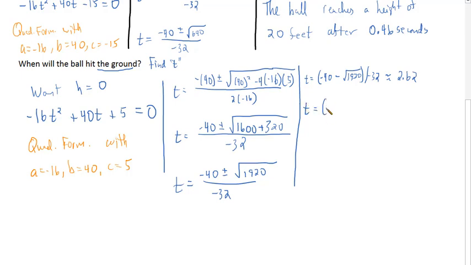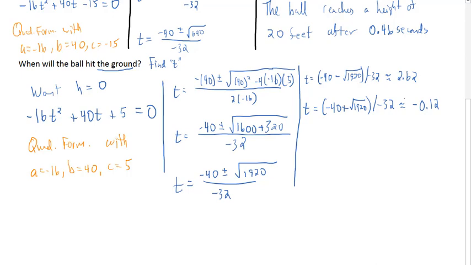My other value, negative 40 plus the square root of 1920 over negative 32, is negative 0.12.